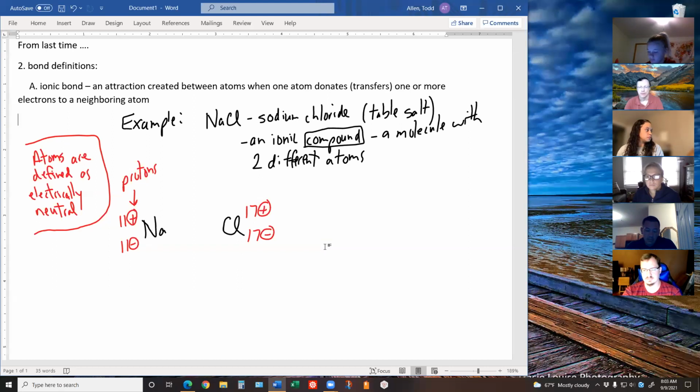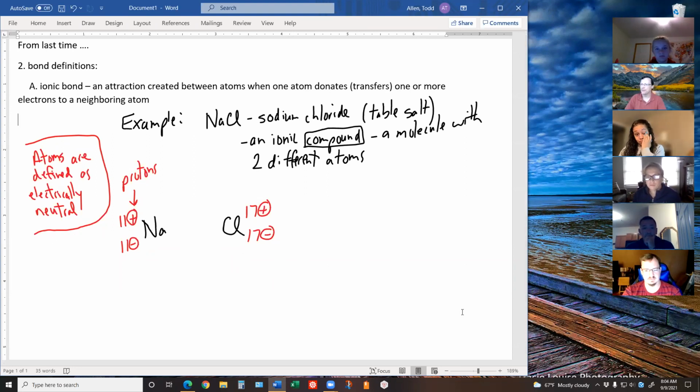Okay, so if we refocus our thinking on this, here we have a sodium atom with 11 positively charged particles and 11 negatively charged particles, which means that the atom itself is electrically neutral. Okay, that comment there over by the side, atoms are defined as electrically neutral. Well, if sodium is electrically neutral and chlorine is electrically neutral, then there's really no attraction between the two atoms. There's no reason for them to sort of come together and associate with each other.